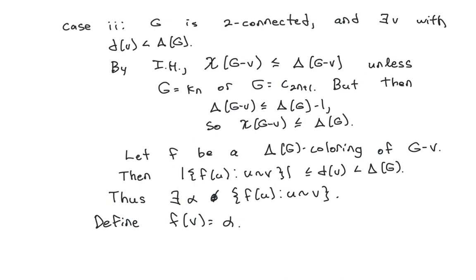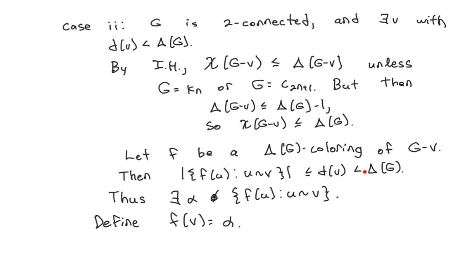So in particular, we can let f be a delta of G coloring of G take away v. So in other words, we've colored every vertex but v, and we're coloring v last. Well, look at the colors assigned to the neighbors of v. In the worst case scenario, they all get distinct colors, and there are degree of v many neighbors, so there are at most degree of v colors already in use by neighbors of v.